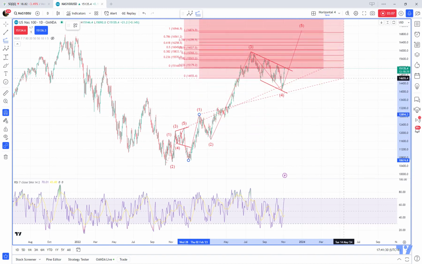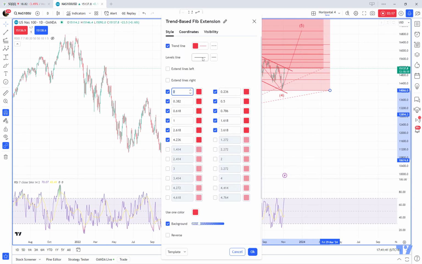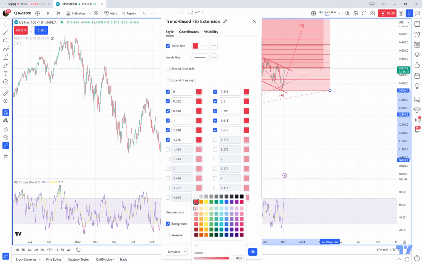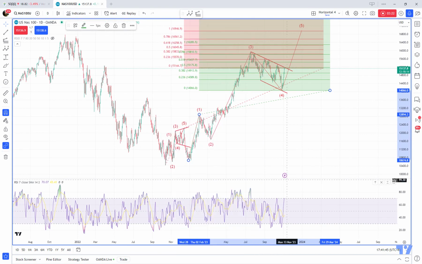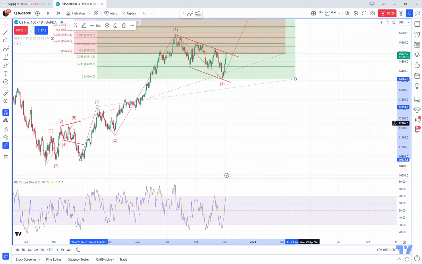Okay, and if we put it right here, what you see is that there are some very close overlaps, and we probably want to change the color so that we know exactly which one we're looking at.